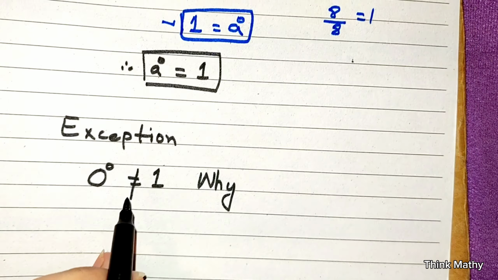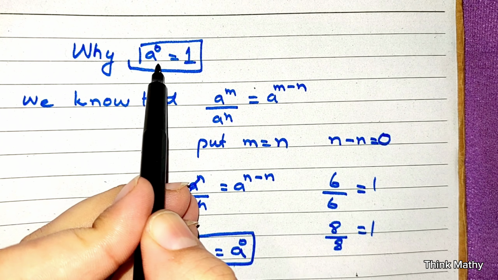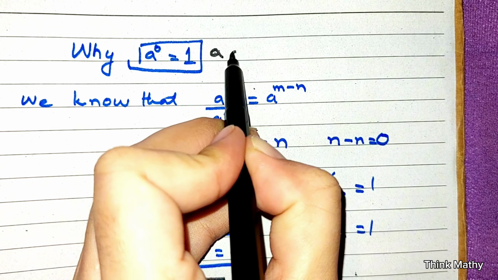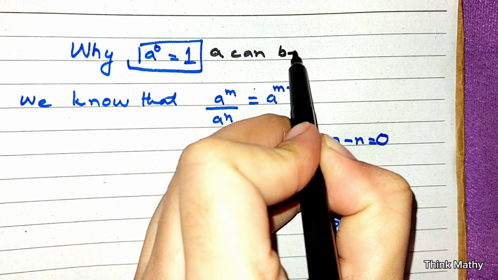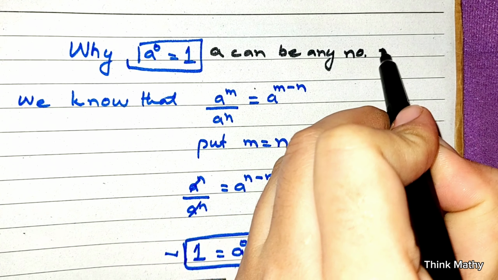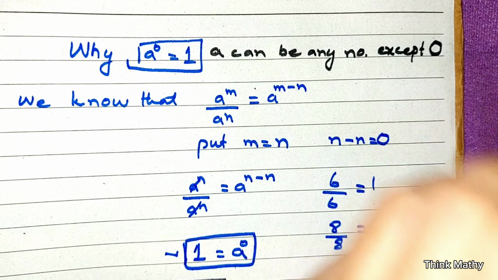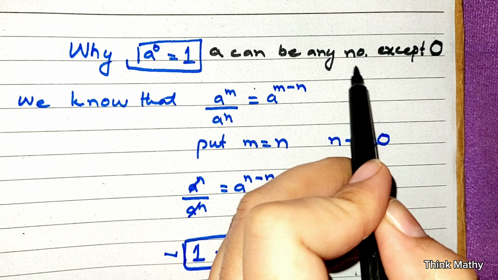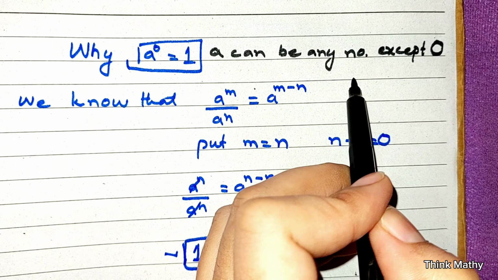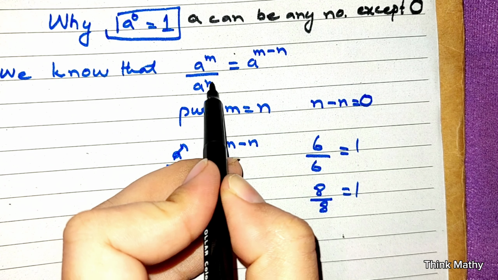Because if we go back here and see, a can be any number except 0. Why except 0? Why can it not be 0? Because if we take a as 0, what will happen here?